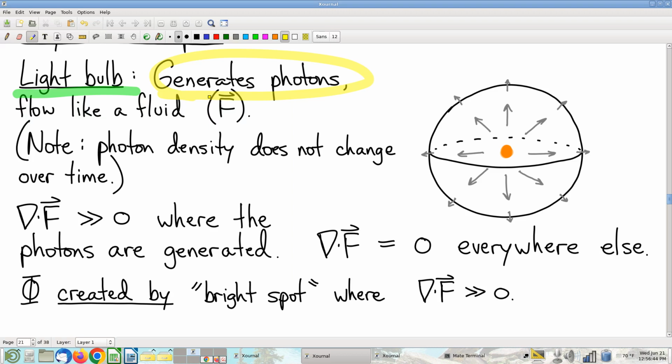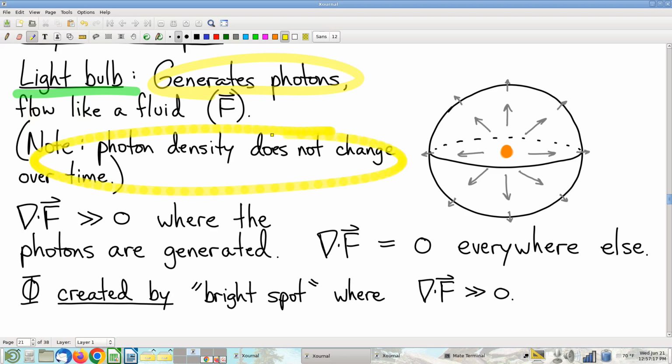The photons are getting generated by the light bulb. Another important observation is that in any given location, photon density is constant. It's what we call a steady state flow, because we're not running out of photons or collecting photons anywhere. The density just doesn't change over time. Not all fluids are like this.